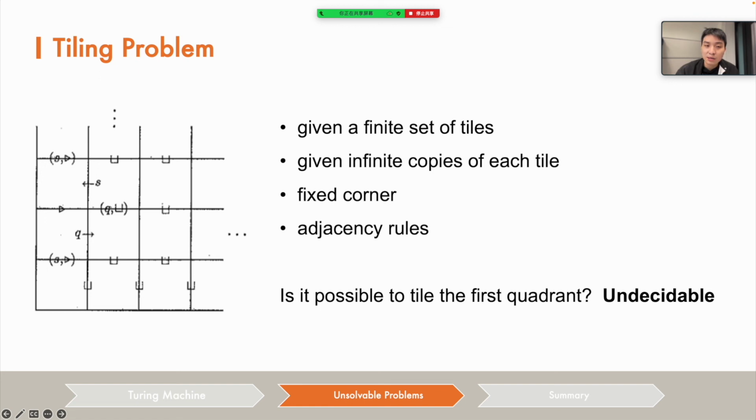Okay, the last problem I like to introduce is the tiling problem. If we are given a finite set of tiles, infinite copies of each tile, and we have fixed corner and adjacency rules, is it possible to tile the first quadrant? It is also an undecidable problem.